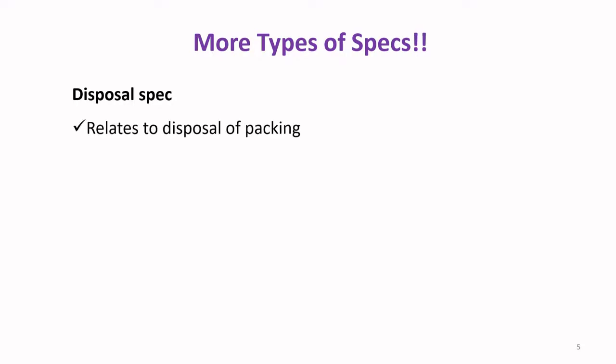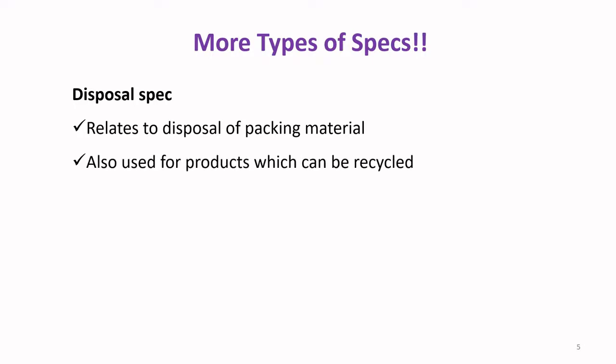So, disposal spec is related to the disposal of the packing material as well as when the product has been used. It is also used for products which can be recycled. For plastics, you will see a triple arrow symbol in a triangular form, and it says that it is a class 2 or class 3 kind of polythene, and it can be sent for recycling.